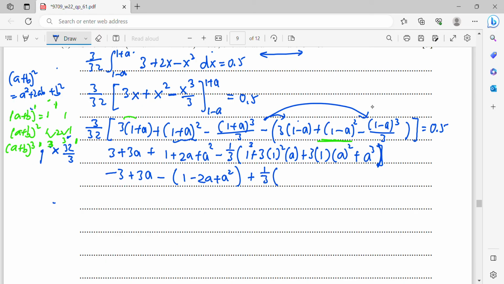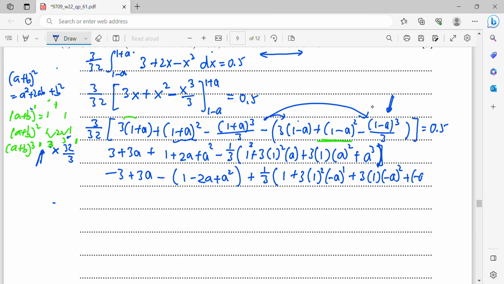And again, for this cubic, the power 3 of 1 minus a, use the same concept. Okay, for the Pascal triangle. So first coefficient is 1. Second coefficient is plus 3. Then it will be 1 to the power 2 minus a degree 1. Next, 3 bracket 1. Then minus a degree 2.